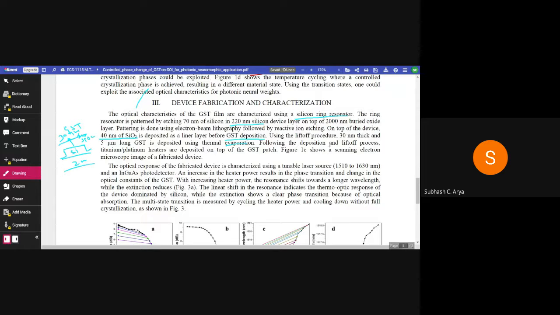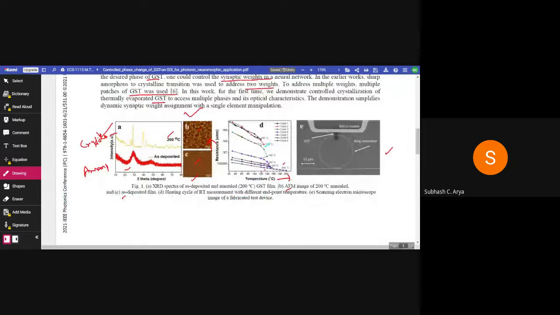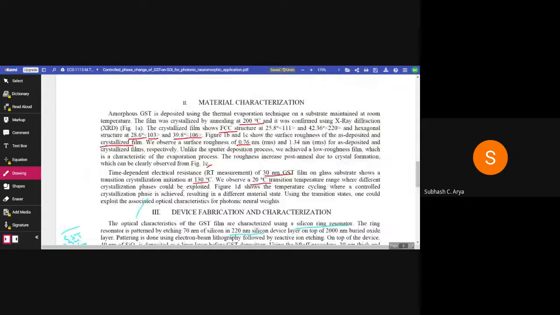Following the deposition and lift off process, titanium platinum heaters are deposited on top of the GST patch. Figure 1 shows a scanning electron microscope image of a fabricated device. Heater, ring. So this is a top view electron microscope image.